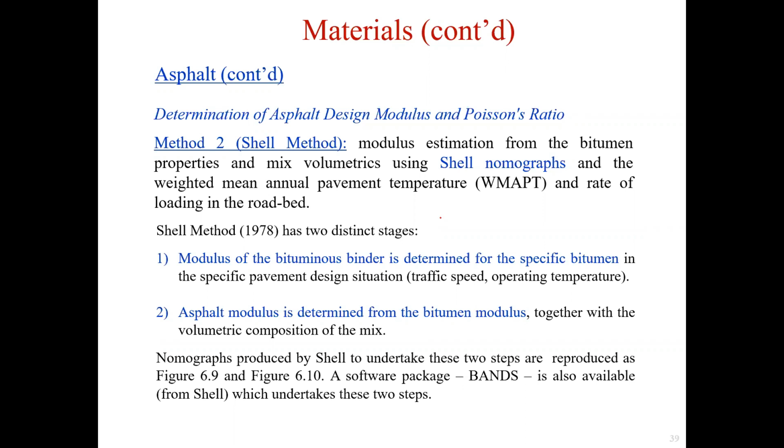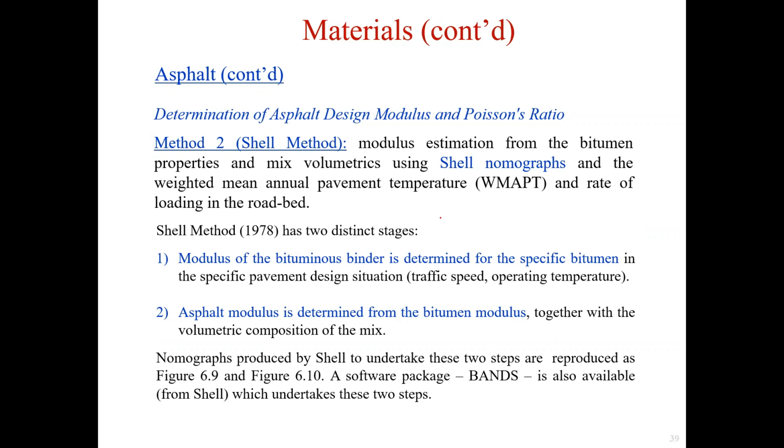The Shell method has two stages. Firstly, the modulus of bituminous binder is determined for the specific bitumen in the specific pavement design situation, for example, the traffic load, traffic speed, and operating temperature.